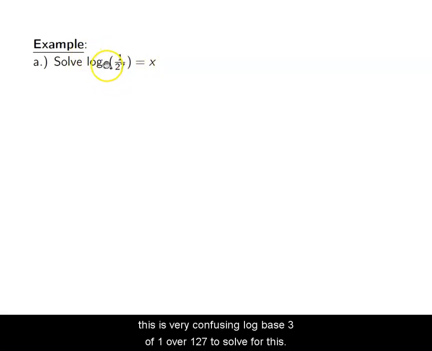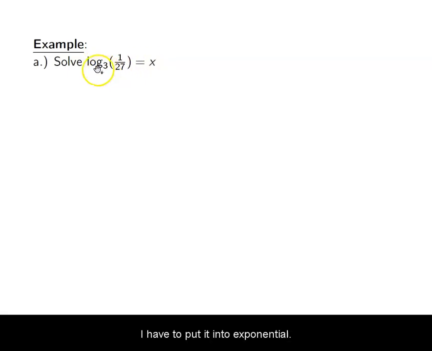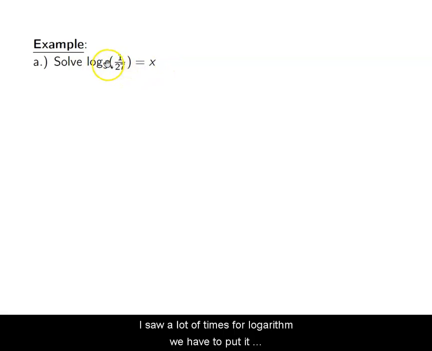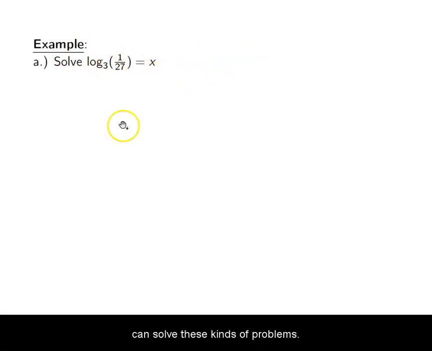So in order to solve for this, I have to put it into exponential form. A lot of times for logarithms, we have to put it into exponential form in order to solve, and when we have an exponential problem, we have to put it into logarithmic form in order to solve, and then possibly back into exponential form. So we want to be able to go back and forth between log and exponential forms so that we can solve these kinds of problems.